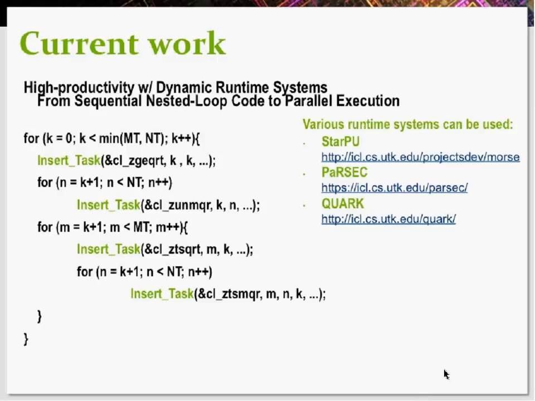So a single thread will go through the sequential code and not execute them immediately, but just put them along with their data dependencies into the runtime system in the background, and that system will schedule all those without waiting. You just say which is input, which is output, and the runtime system will take care of it. Try, for example, these schedulers that are on the right.